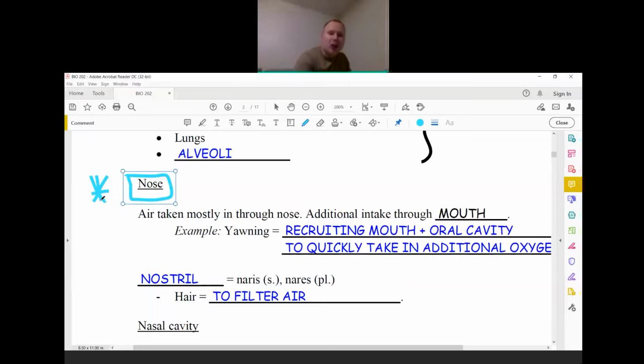If we are not able to get enough air to the body through breathing through the nose, or get rid of enough carbon dioxide by breathing through the nose, we can also recruit the mouth to serve as an additional route, but that's really not ideal, and it will become obvious why it's not ideal a little later on.